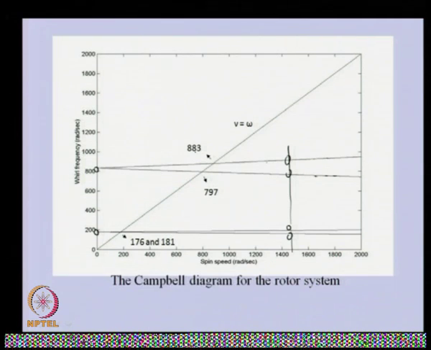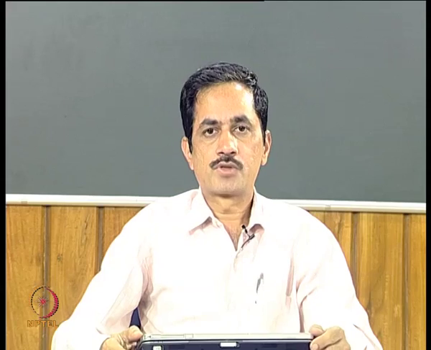This is the Campbell diagram, which is nothing but the variation of the whirl frequency with spin speed, occurring because of gyroscopic couple. If we draw this synchronous whirl line, in which the whirl frequency is equal to speed, we get the critical speeds of the rotor system.